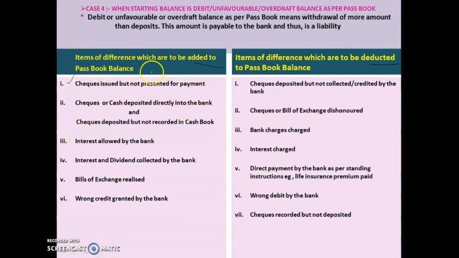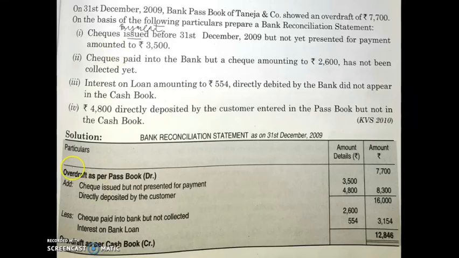So on which side is it written? See, we are preparing overdraft as per passbook, so this formula should be used. Issued check is on the addition side, so you have to add that particular item. See what they have done: check issued but not presented for payment is written in the add side. So 3,500 you should write in the add side.